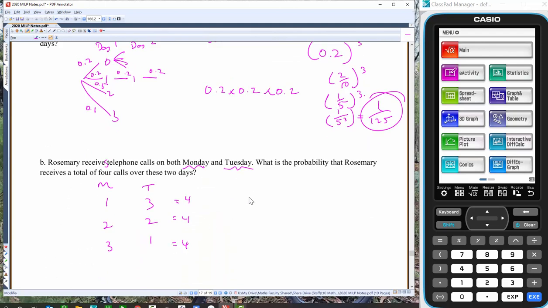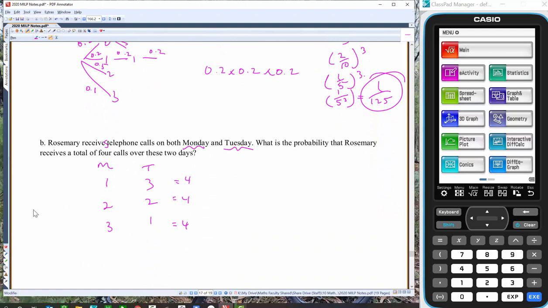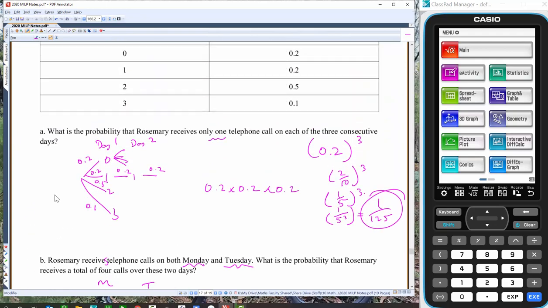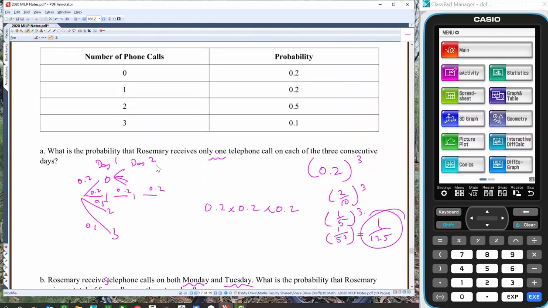All right, so let's work out these probabilities. So 1 and 3: in the tree diagram, we'd be getting a 1, which is 0.2, and a 3, which is 0.1. So this one is 0.2 times 0.1. That's 2/10 times 1/10, which equals 2/100. All right, a 2 and a 2.